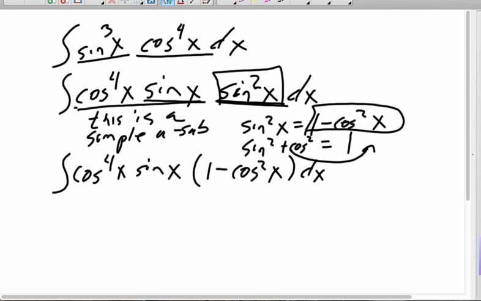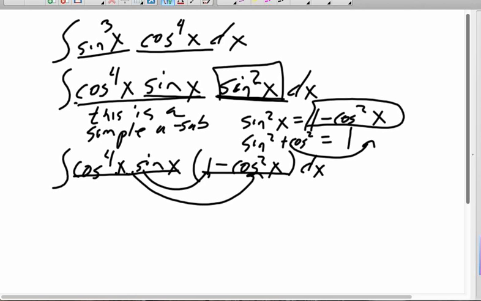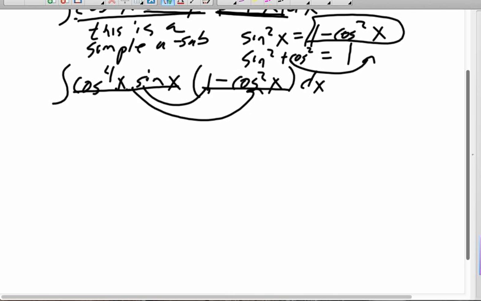So I'm going to distribute this whole thing into here, all that term, and something really nice happens. First off, I end up with cosine to the fourth of x sine of x, distributing this into the 1.